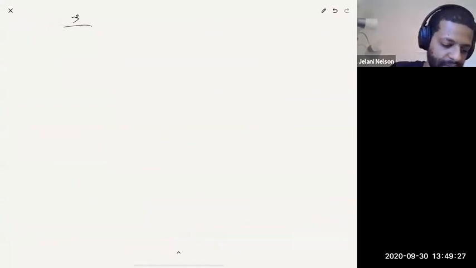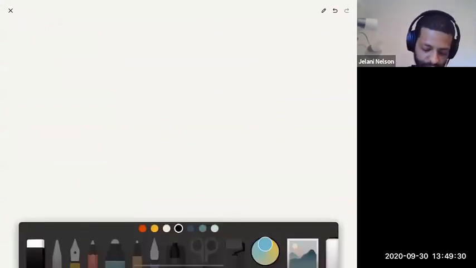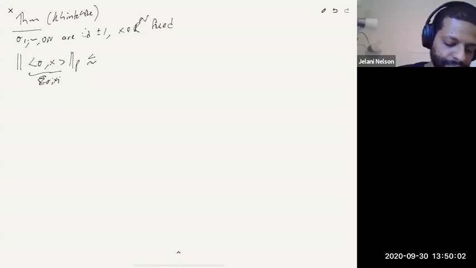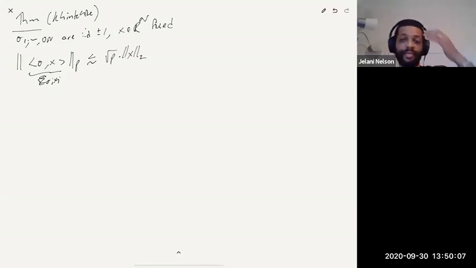I'm going to reference a theorem that I think I've already put in the probability review a while ago, which is called Khinchin's inequality, which says that if sigma 1 through sigma n are IID plus or minus 1, and x is a fixed vector, then the p norm of sigma dot x, which is the same thing as the sum of sigma i x i, is at most root p times the L2 norm of x.